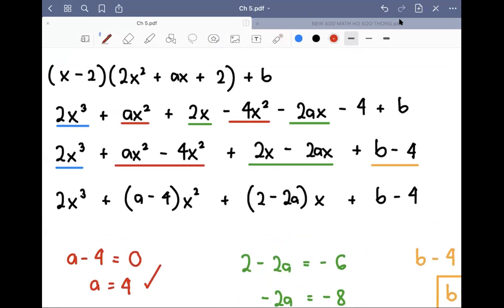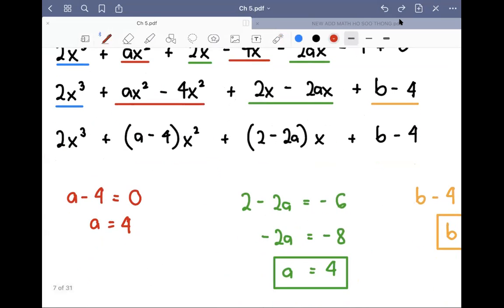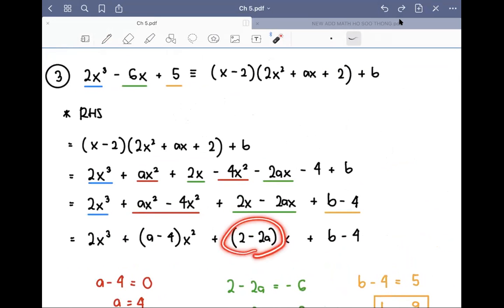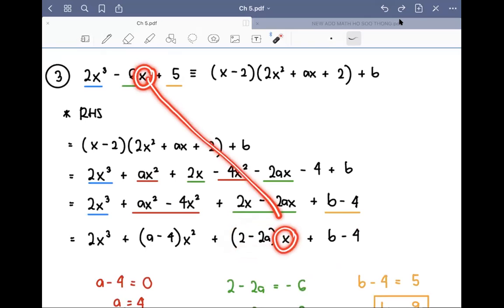And also, you can use the other one in finding a. Since this is 2 minus 2a, and you have x here, you also have x here, right? So you compare their coefficients.